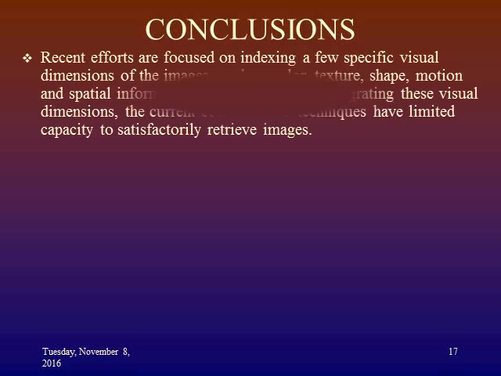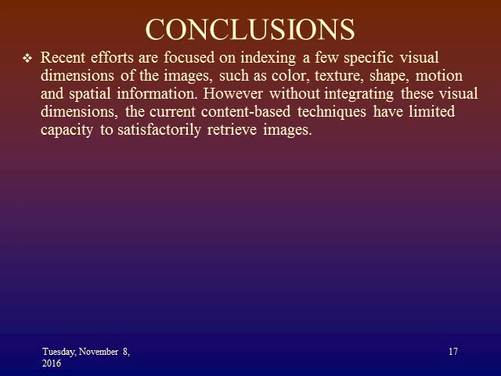Conclusions. So recent efforts are focused on indexing new specific visual dimensions of the image such as color, texture, shape and motion and spatial information. However, without integrating these visual dimensions, the current content based techniques have limited capacity to satisfactorily retrieve images.